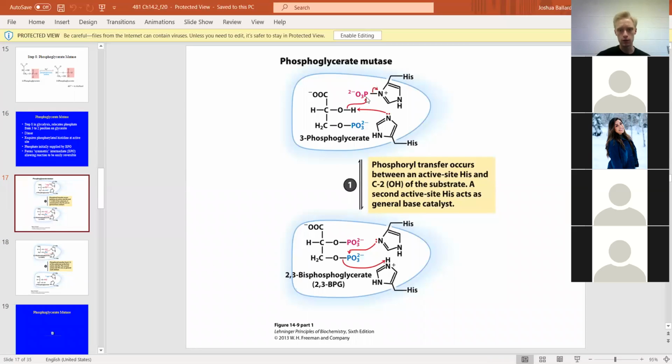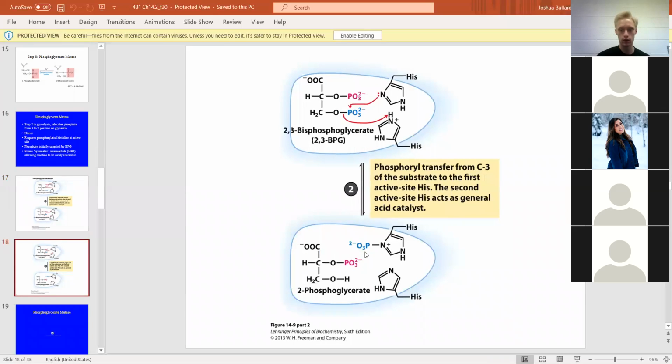In the first step, you have a histidine that's bound to a phosphate group, and you have another histidine. This histidine deprotonates it, adds the phosphate group, and this deprotonates that histidine, and there's just a switch over. That original phosphate group then goes back. So they just switch places.